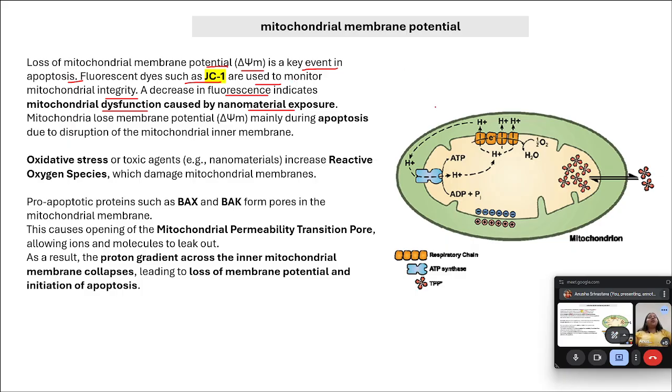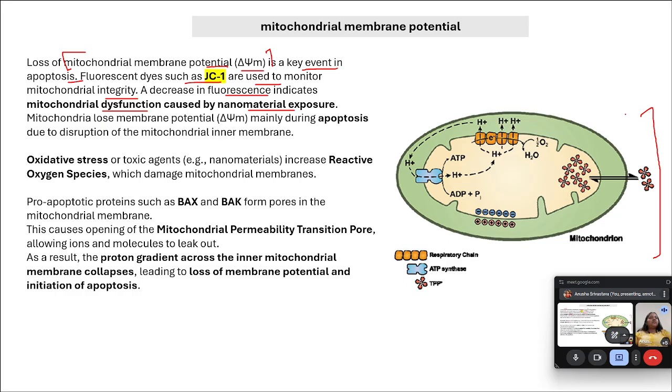Just focus on how, in a cell that has perfectly fine cellular homeostasis, this mitochondrial membrane potential is maintained, as you can see here, with the continuously working electron transport chain.